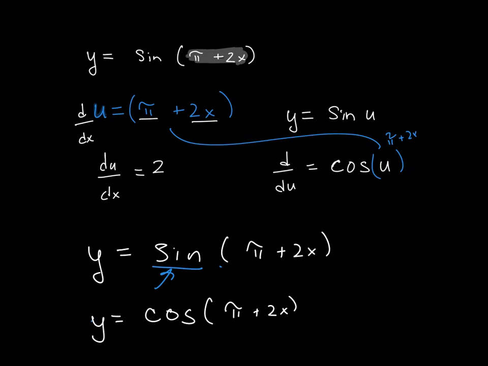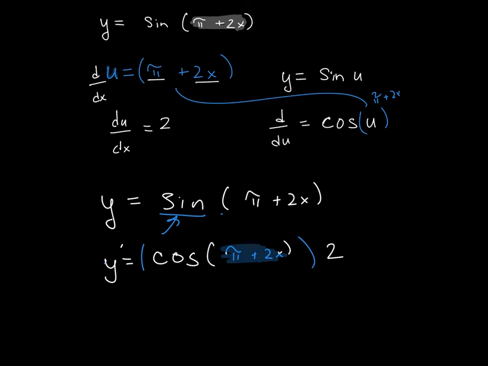Now I multiply that times the derivative of the inside, which is just 2. So y prime is equal to 2 times the cosine of pi plus 2x.